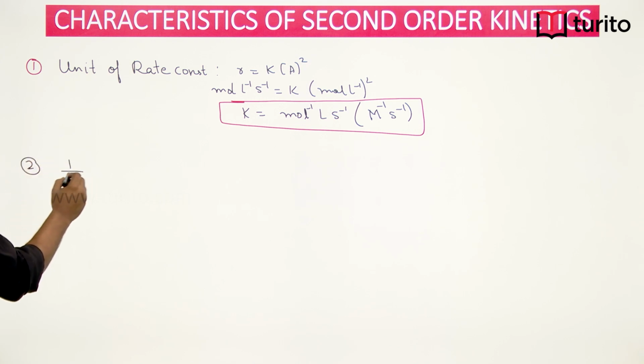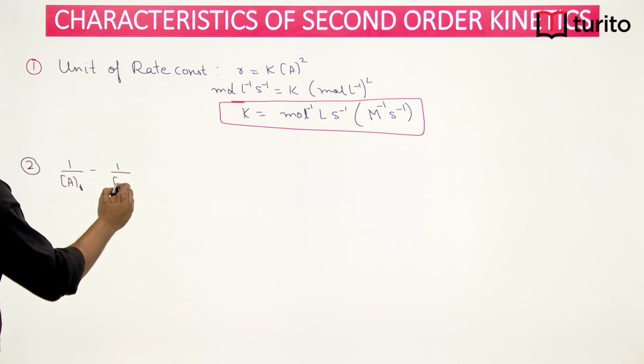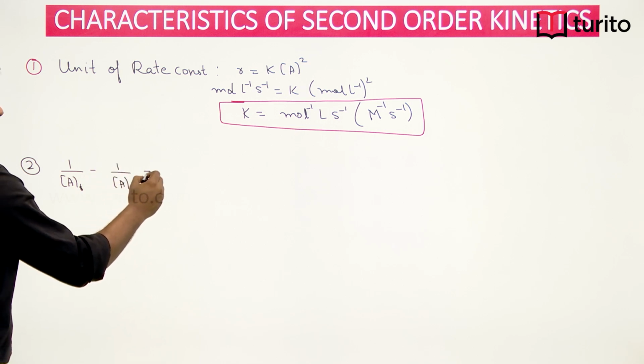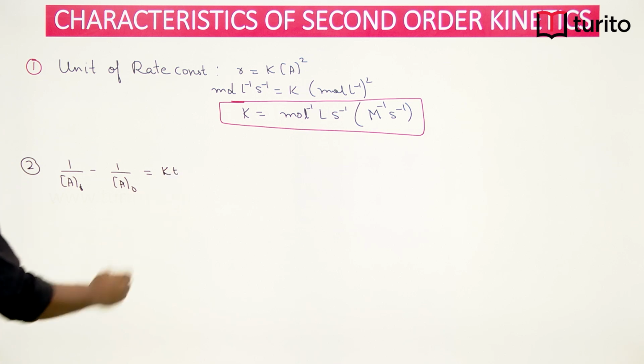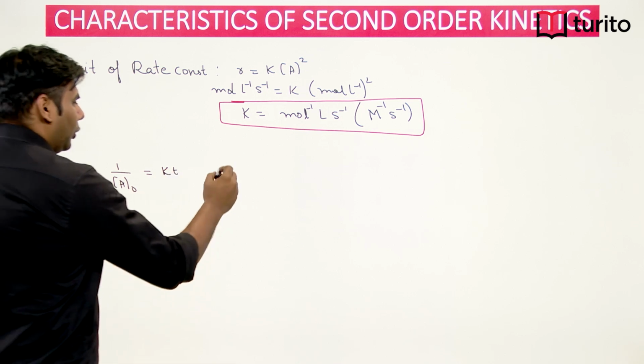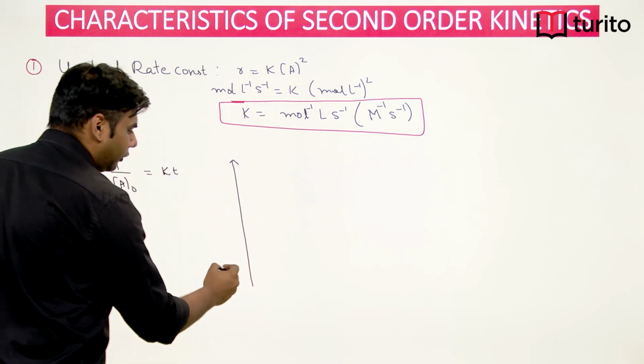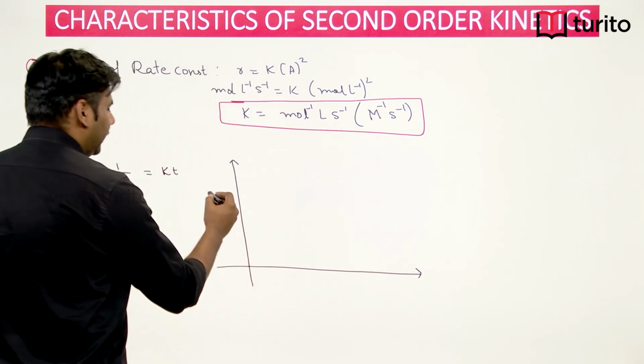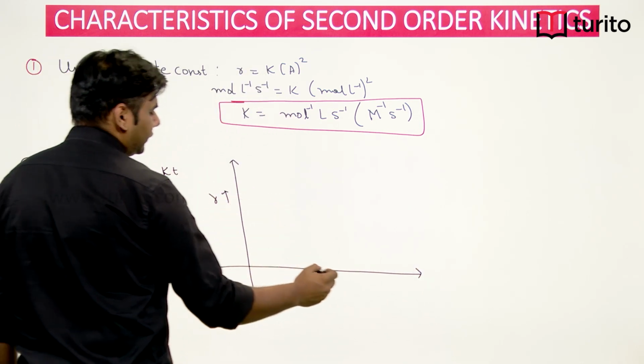Now let us look at some graphs. So basically we have 1 by At minus 1 by A naught equals Kt. Suppose we are plotting the graph of rate versus concentration.